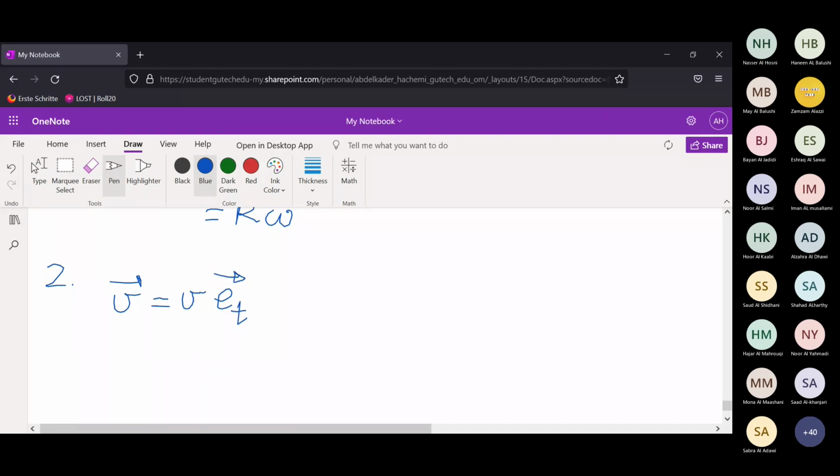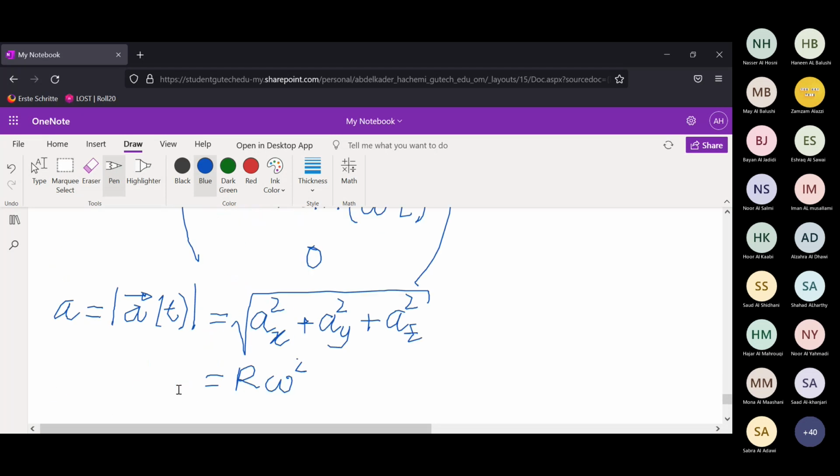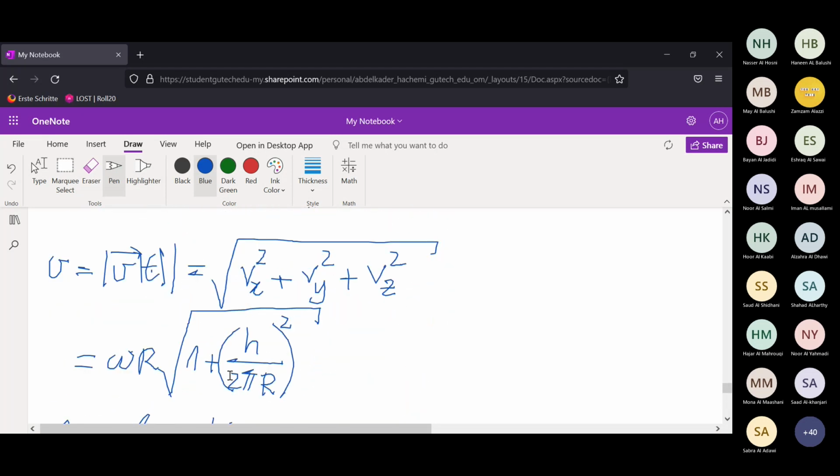That means we get here the components of the unit vector e_t, and this is only the vector v divided by v. And here v is only the magnitude of the velocity.